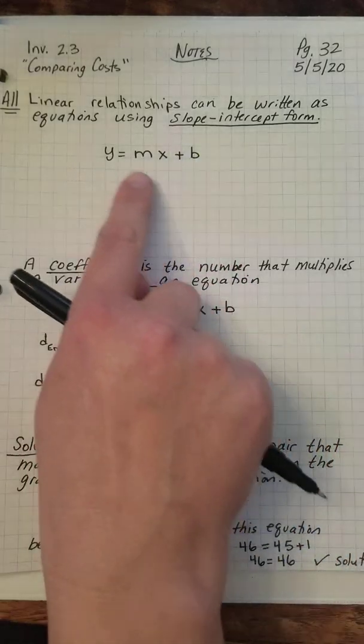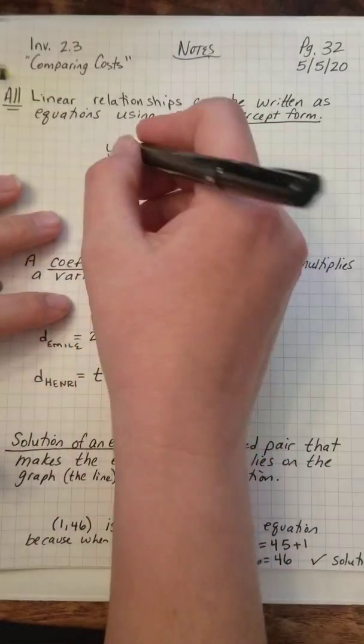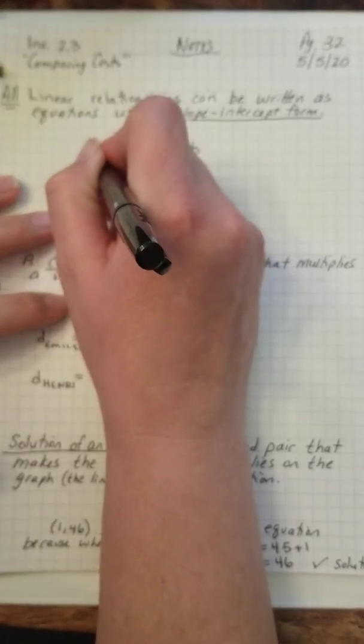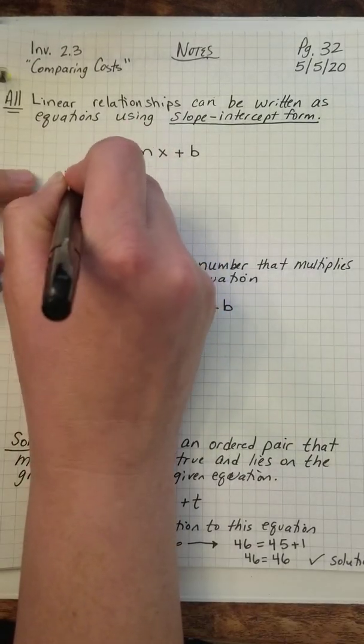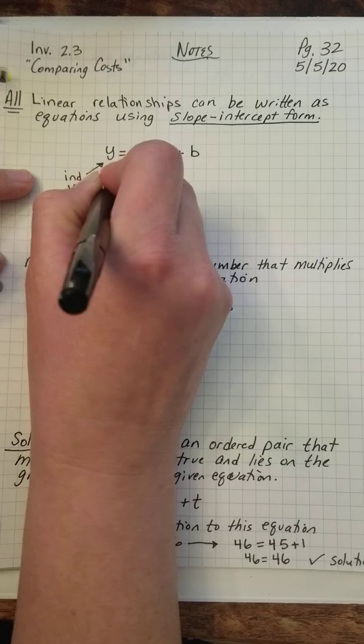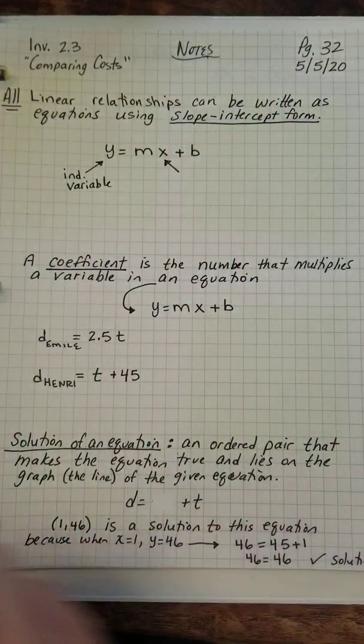So we're going to give labels to all of these right now. So the y and the x. The y is my independent variable. The x, nope, I lied. Scratch that.